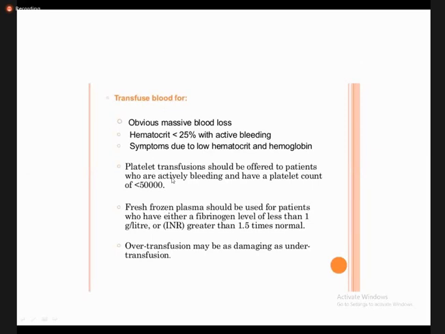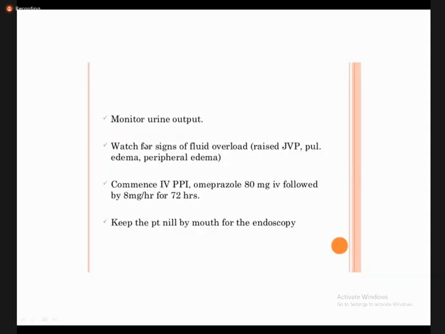So we have to transfuse platelets if the platelet count is less than 50,000, and fresh frozen plasma if INR is more than 1.5 times, and over transfusion should not be done. That is why we have to do repeated CBC and PT-INR three or four times a day, so that we do not over transfuse the patient and have a check on the levels. Monitor the urine output, watch for the signs of overload.